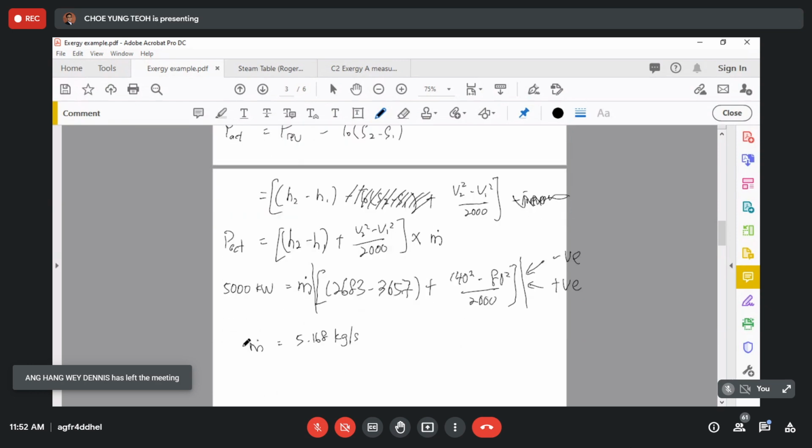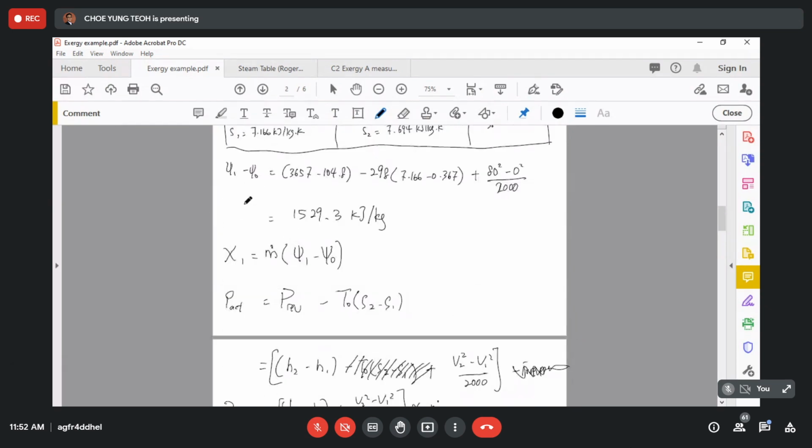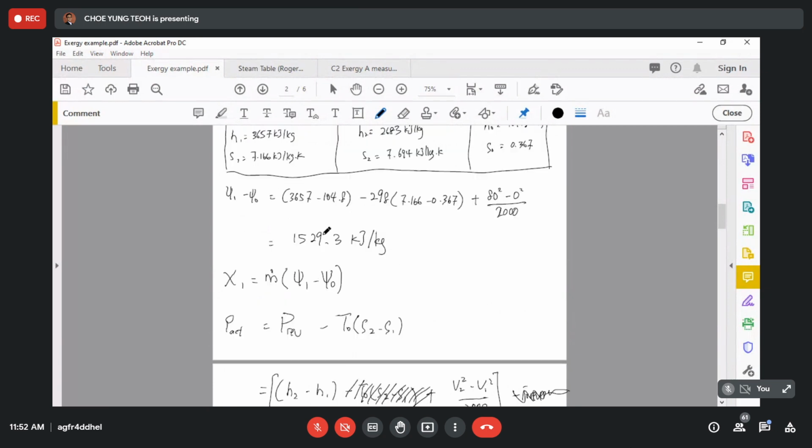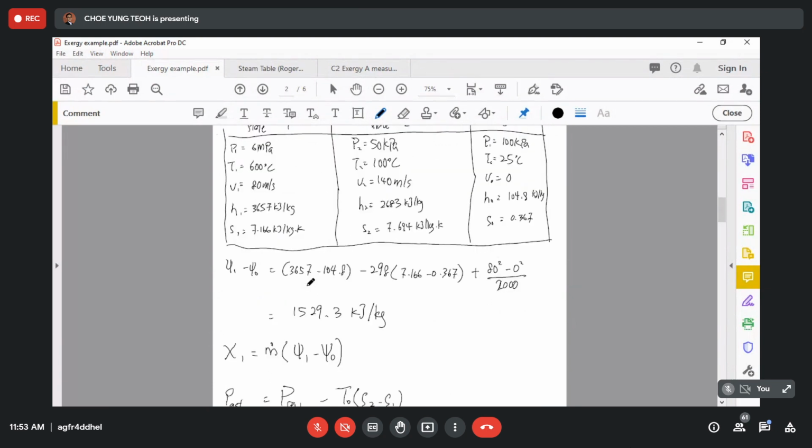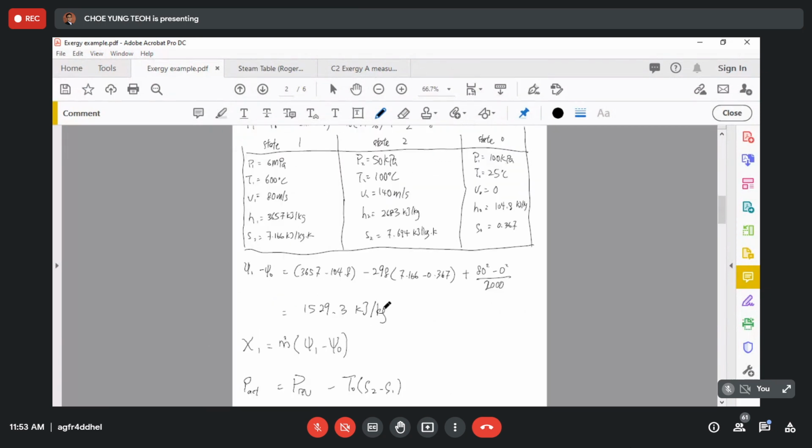So based on this mass flow rate and also this change of potential of this exergy, then we can get the potential of this steam in terms of megawatt, which is 5.16 times (minus 1529.3 kilojoule per kg).